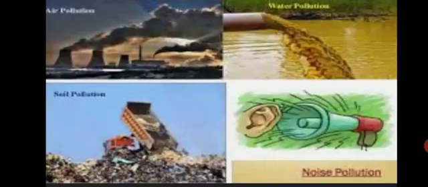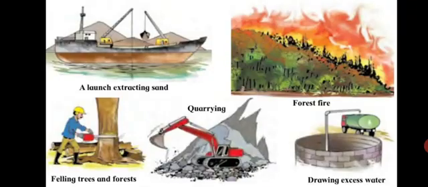Let's have a look. The few examples which are harmful to the environment are digging up hills for quarrying. You can see the picture. A quarrying picture is shown. Extracting sand from seashores and riverbeds. A launch is shown extracting sand.